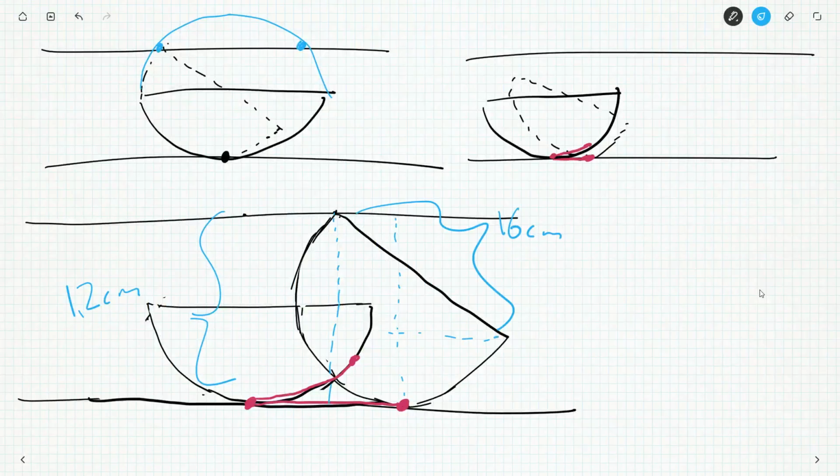So I do have a triangle. I've got a sort of a right angle triangle here. And of course I could extend this guy to be another right angle triangle. So there's definitely some right angle triangles going on here.